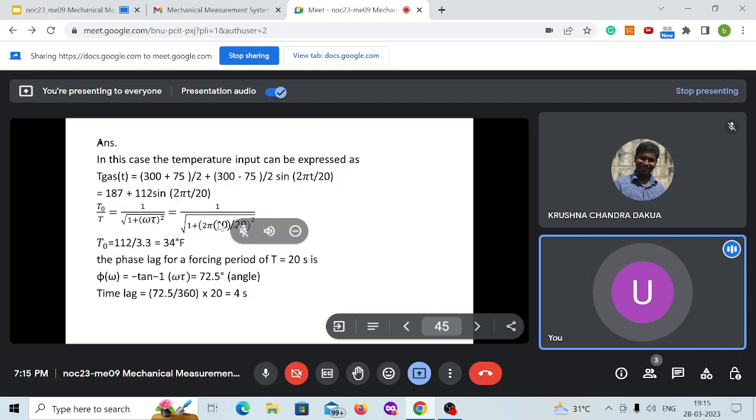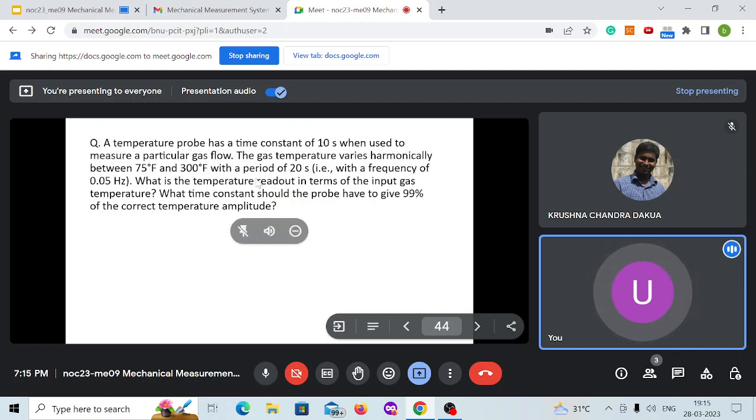We substitute that, so we get 1 by 3.3, and the maximum amplitude is 112. Since this is a dynamic error, we need that ratio, so we use 112 divided by 3.3, which will give you 34 degree Fahrenheit.